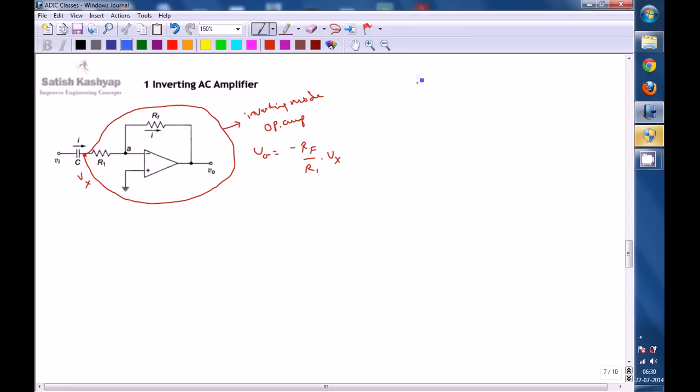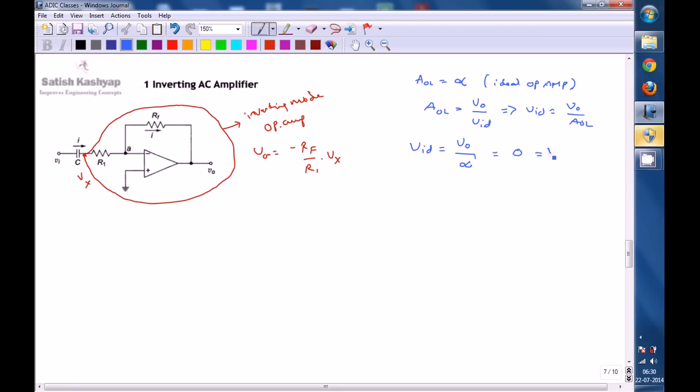This concept arises from the fact that the open loop gain AOL is infinite for an ideal op amp. Open loop gain is defined as V0 divided by VID, the output voltage divided by the input difference signal. So VID is equal to V0 divided by AOL, that is V0 divided by infinite gain, which is 0.